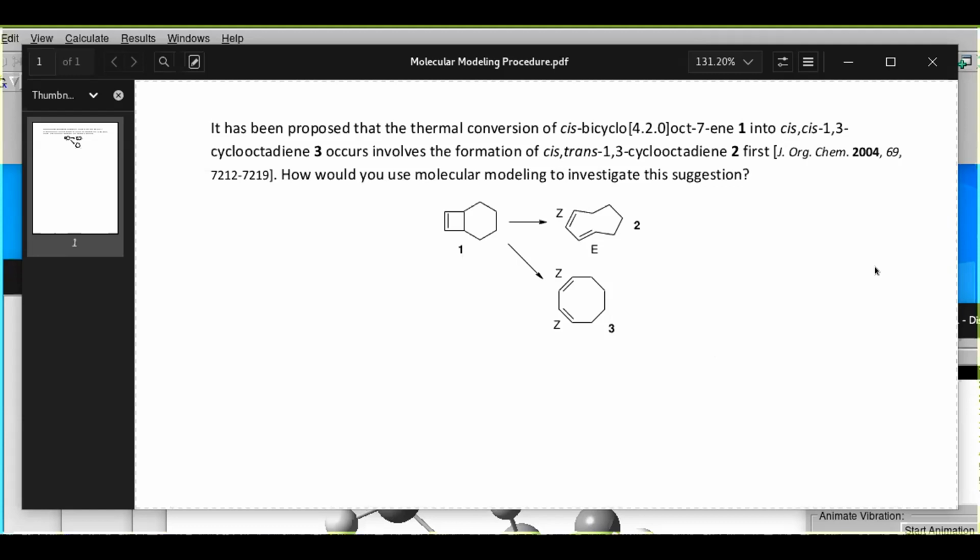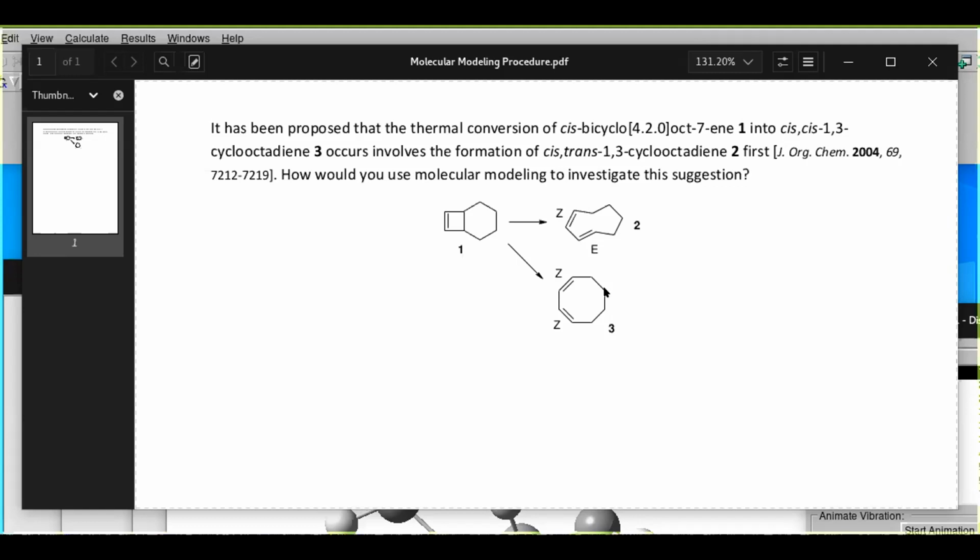Is this kind of procedure something that would be interesting? Some of you already know your internship projects, and I'm not sure what's happening with the internship projects, but you might have reactions that you're interested in doing in those projects. Would this kind of calculation be useful to any of you?